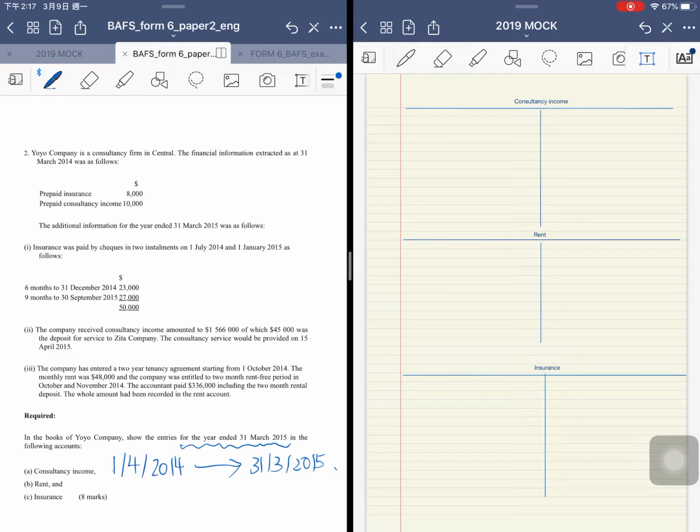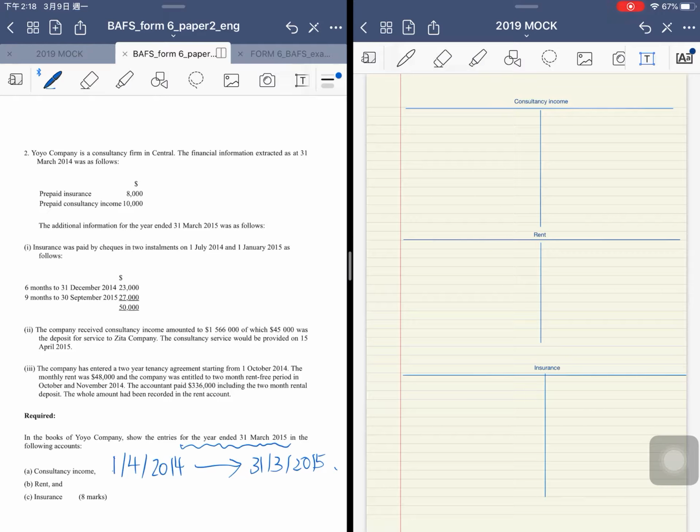So all revenue and expense related to this period should be entered in our profit and loss account.